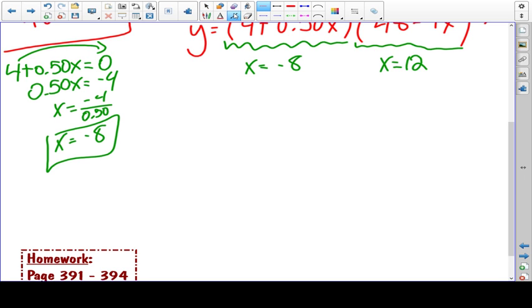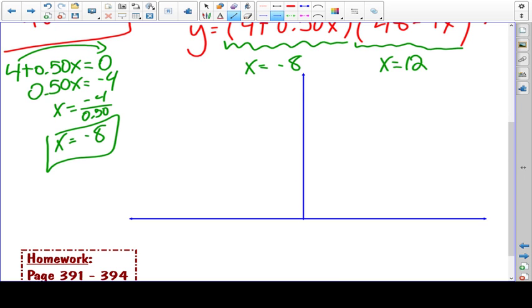So I'm going to make a grid here. There's my x-axis. My y-axis is going to go something like this. Negative 8 is going to be right about here. 12 is going to be right about here.